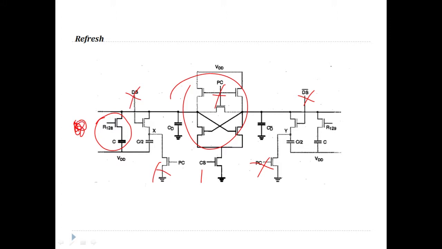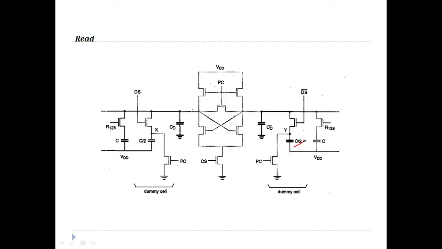If it was storing 0, then the voltage drops, voltage is small. And here if it is storing 0, that means it drops, but it drops by larger value, because of its capacitance, like we have seen here. Capacitance C by 2 during the read operation, and here the capacitance was C. So voltage drop is larger on this side when it is reading 0, and it is smaller on this side.